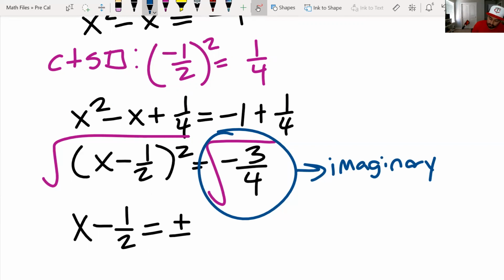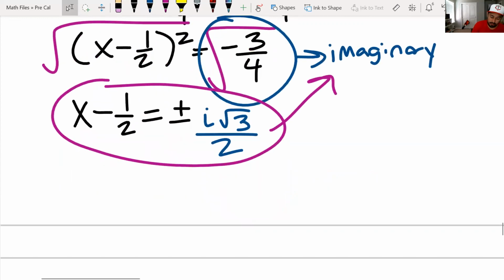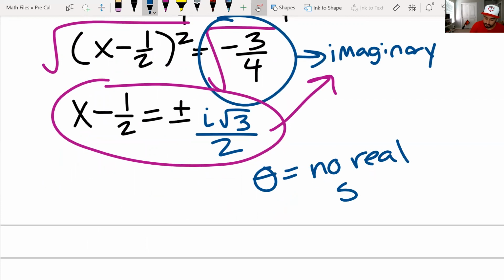Which means that you would have i square root 3 over 2, which means we cannot move on. Because this is imaginary, which means that theta will have no real solutions. Sorry, guys. It happens.